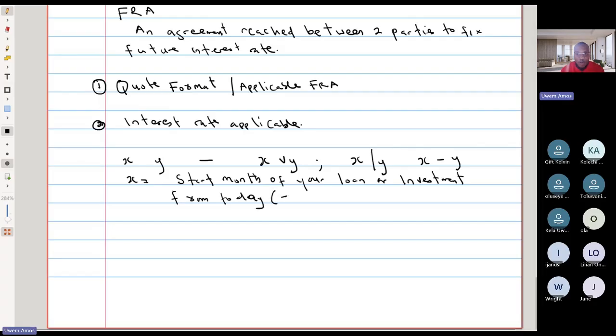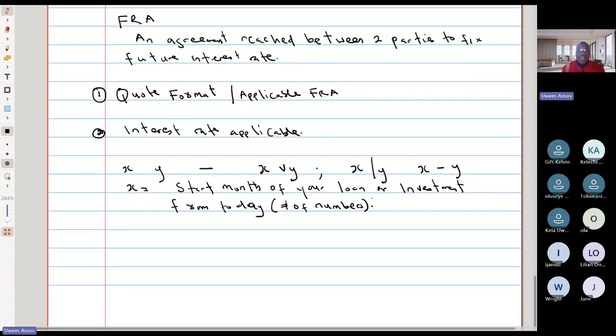What I'm asking is the number of months. That's what I basically mean. So if today is October 2nd, and you're borrowing November 2nd, your loan is going to start in 1 month's time. So that X will be the start month of your loan or investment.